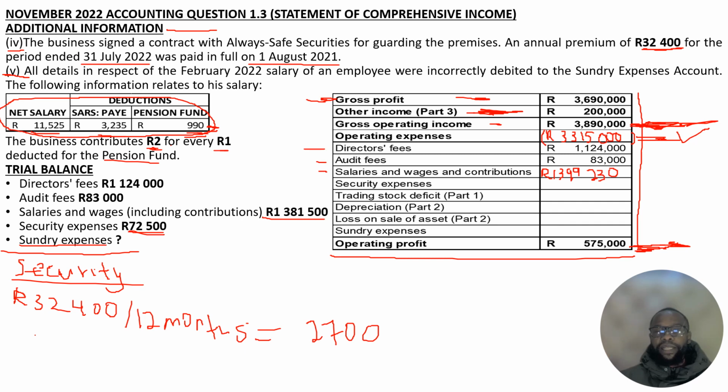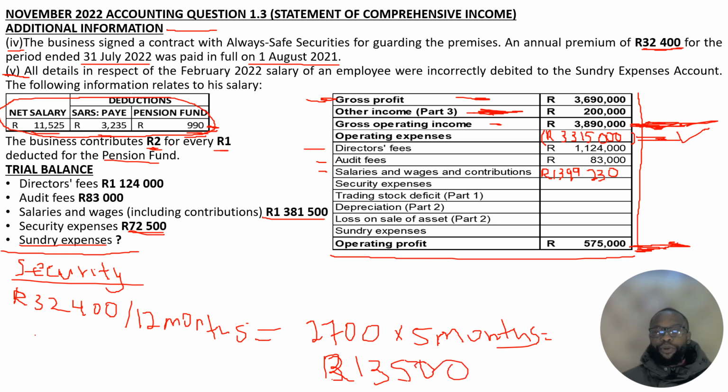So let's multiply this monthly amount by 5 months, which is 13,500.